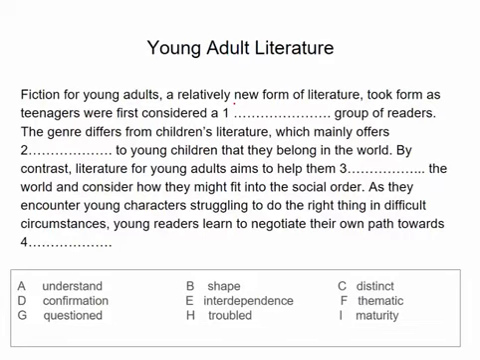Okay, so for example, look at number 1. The sentence reads, for fiction for young adults, a relatively new form of literature, took form as teenagers were first considered a blank. Okay, here we've got a nice clue. A, the article. And look after the blank, we've got group. We've got a noun there.